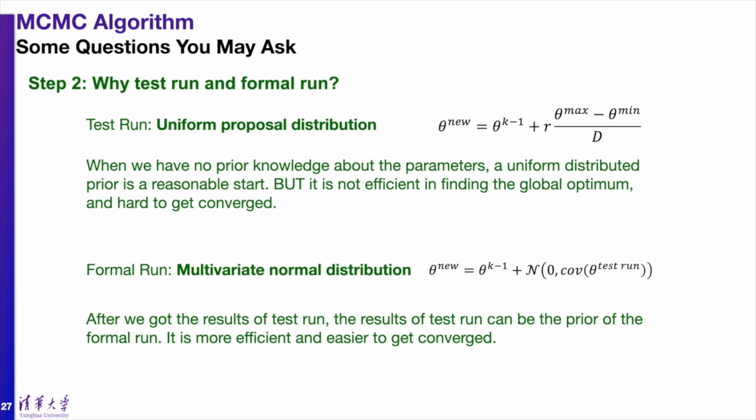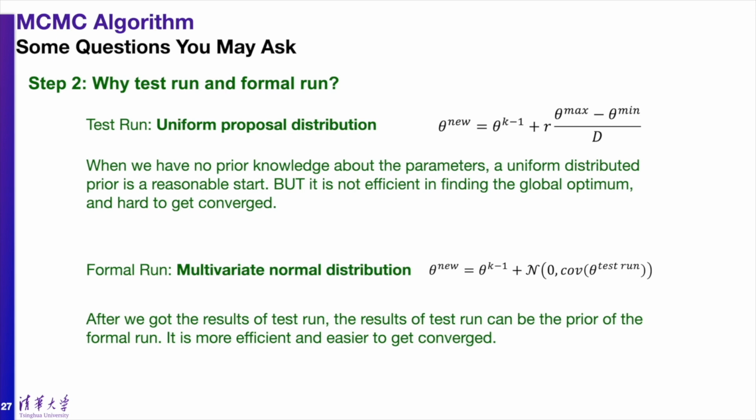So throughout the steps in MCMC, you may have several questions regarding the details. You may be wondering in step 2 why we need a test run and a formal run in proposal.